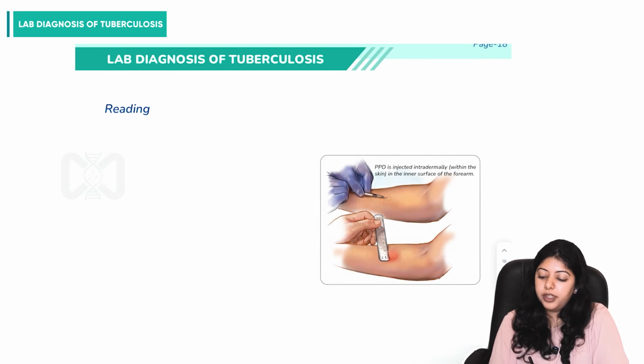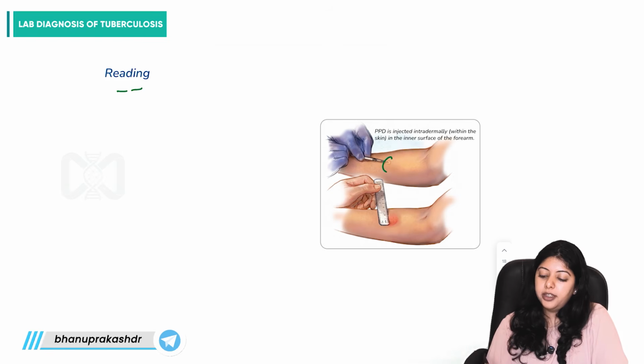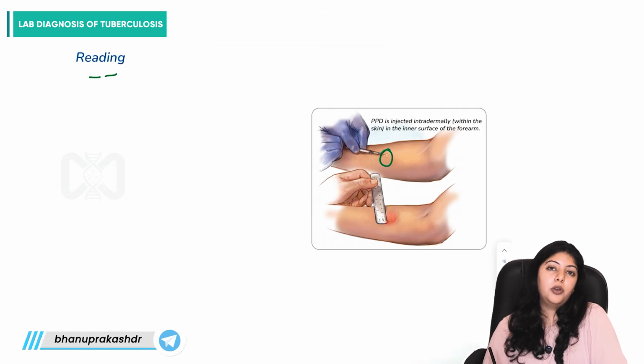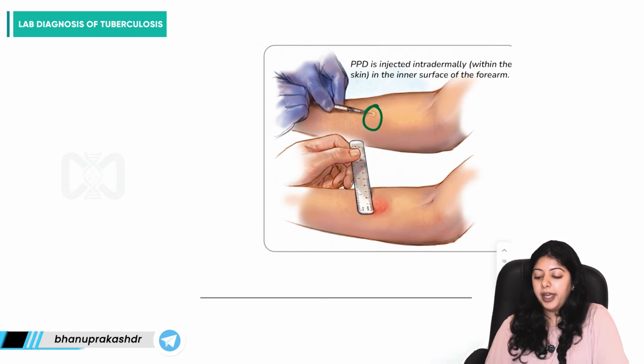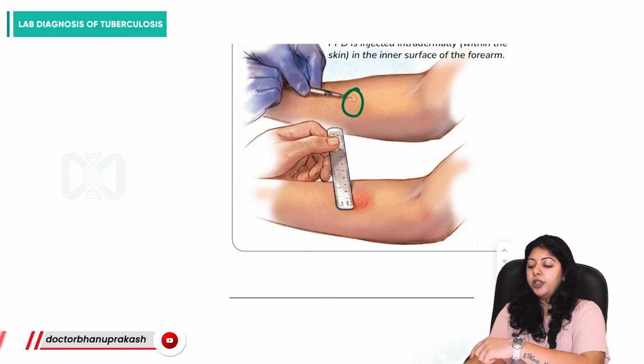So how do we read the results? Since we have injected the PPD intradermally, we are going to read the result with the help of a measuring scale. How are we doing it? We will measure it horizontally.